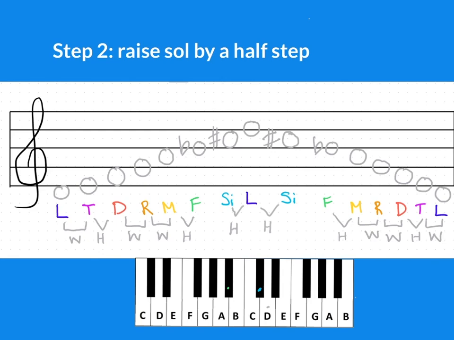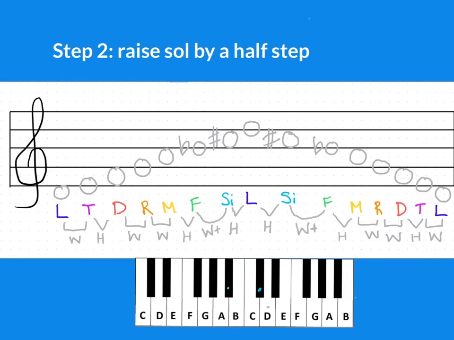For the purposes of this class, I'm going to use a little circular bracket, and I'm going to do a whole step plus is how I'm going to label that interval. If you want to get really technical about it, that interval is actually called an augmented second. But for us, whole step plus will be just fine. So the new pattern of whole steps and half steps in the harmonic minor scale is whole, half, half, whole plus, half.